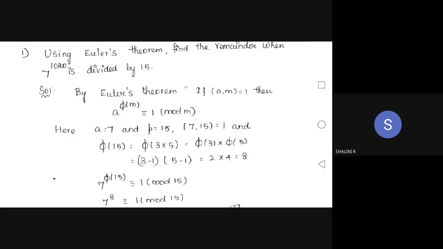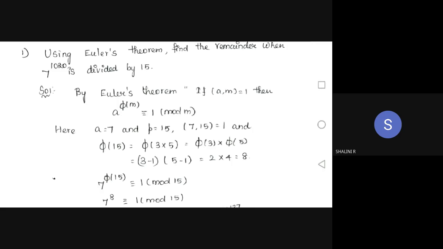The GCD of 7 and 15 is 1. Therefore, 7 and 15 are relatively prime. Then find phi of 15. 15 is a composite number, which can be written as the product of distinct primes, 3 into 5.